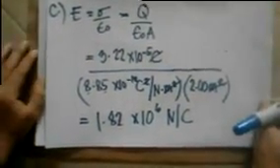We can also find the electric field by recalling that the electric field is equal in magnitude to the potential gradient.